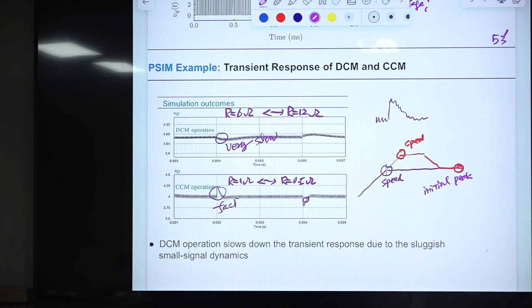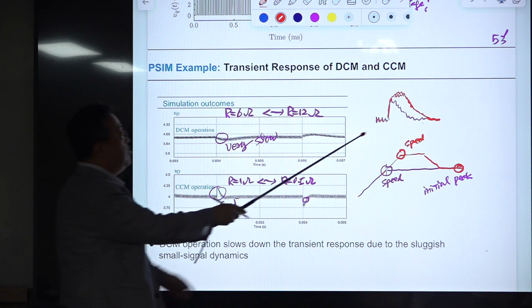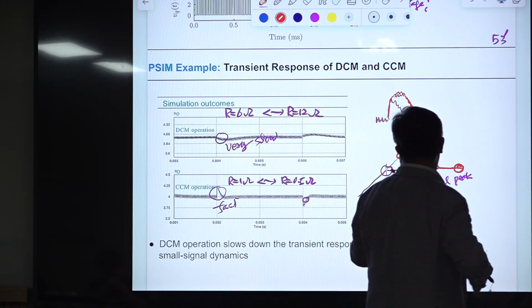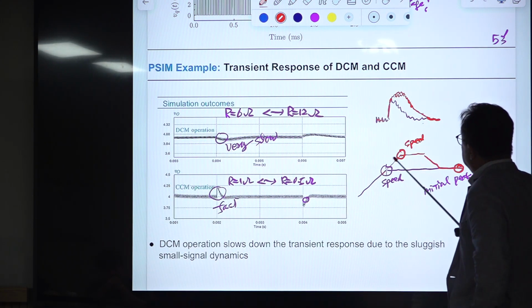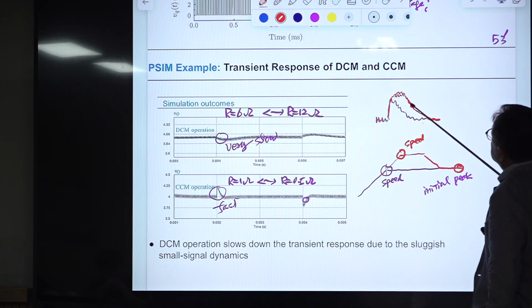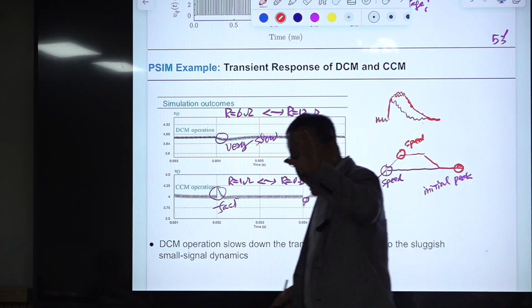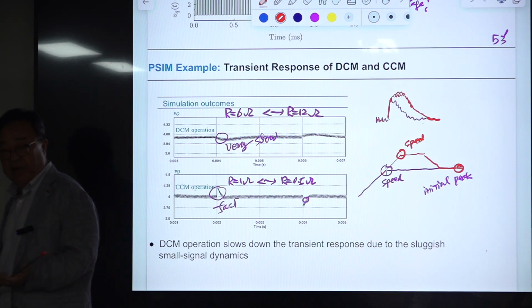With that one, it has the same initial step, but it goes higher and comes back slowly, like this. The steady state value remains the same, and because of this difference in output impedance characteristics, it will go through additional peaking and additional retarded time.